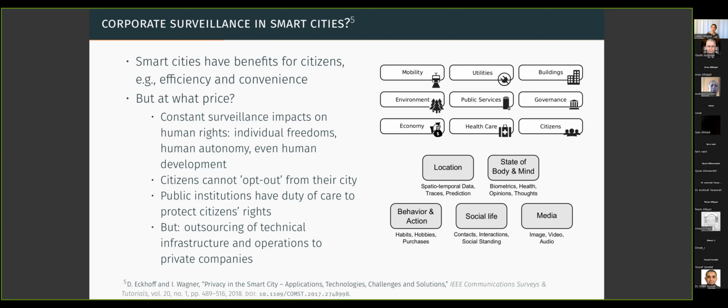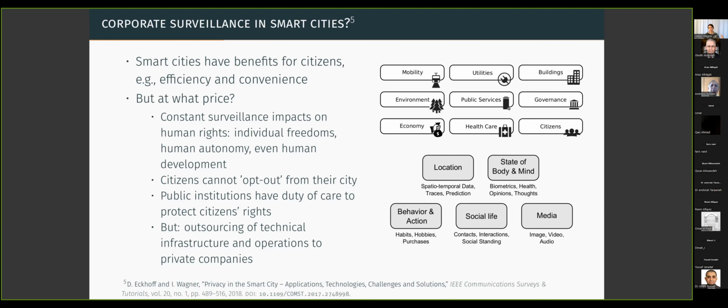Think lower commute times, no traffic jams, better provision with utilities, nice clean environment, good healthcare. You can do all of the interactions with your city government online. So it's great. But the question is, at what price this efficiency and convenience comes?